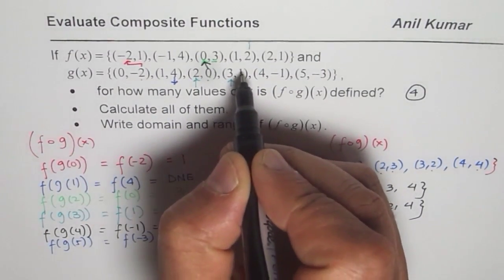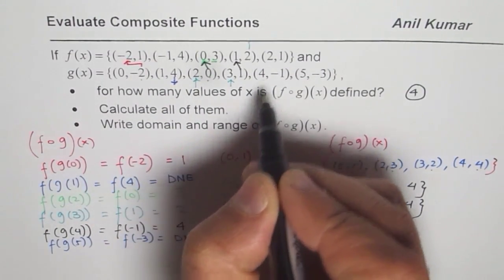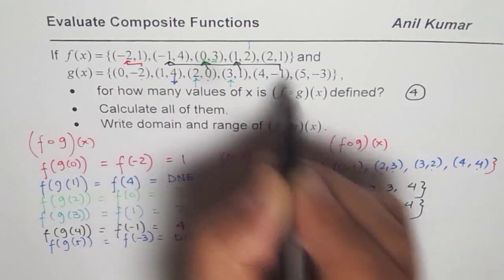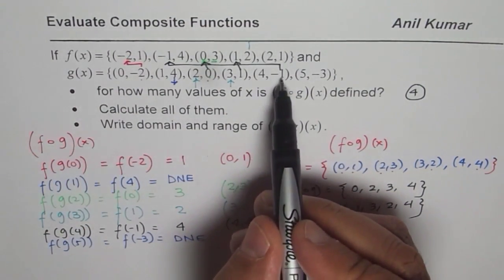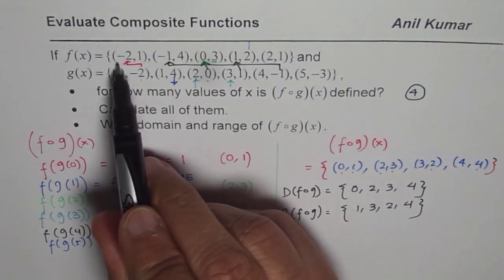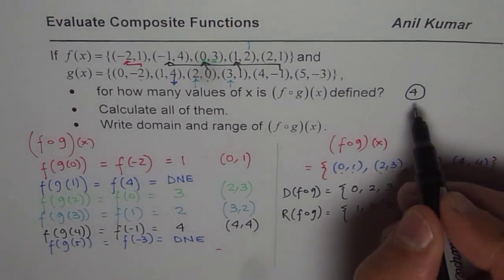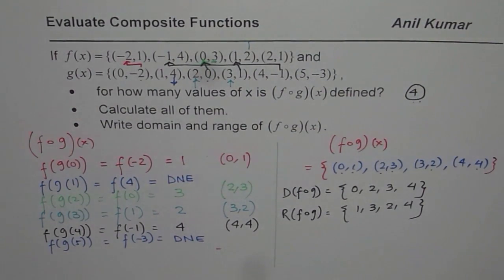Second connection, 1 is connected. Third connection, minus 1 is connected. Do you see that? Fourth connection. So the output of g becomes the input of f. If that connection is there, then you can have a composite function. And that connection is there for 4 of these inputs. So we have 4 f of g terms in this set. I hope that helps.